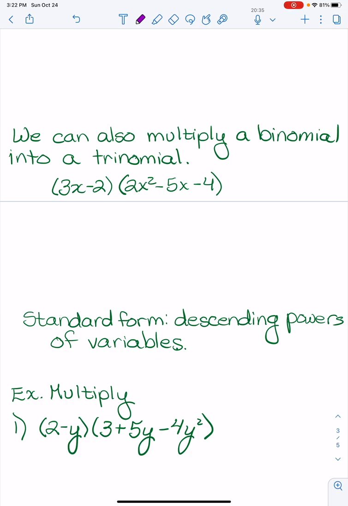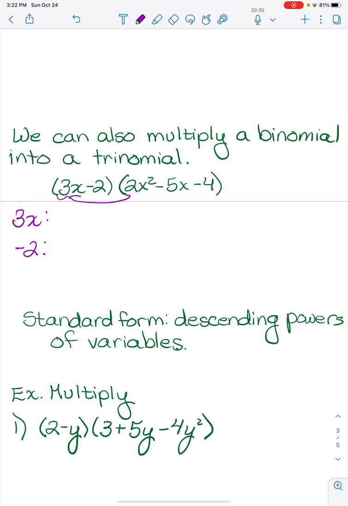I like to do these in a way that makes it easy to add my like terms together. So I'm going to make rows where I distribute the 3x to all of those three terms, and then distribute the -2 to all of those three terms, and then combine my like terms, lining them up vertically so it's easier to see. So let's do this.